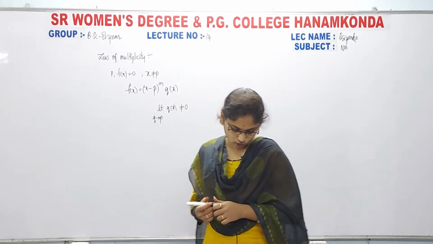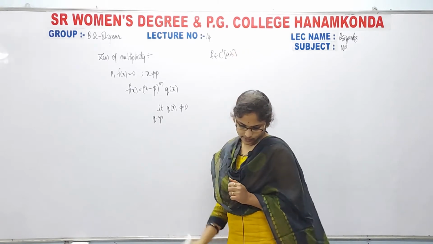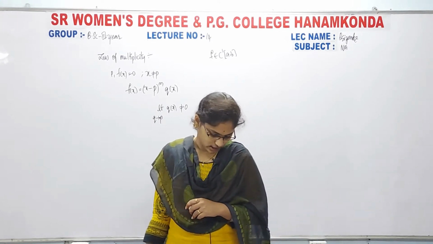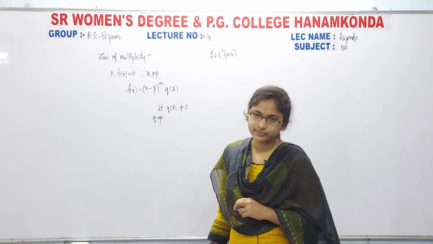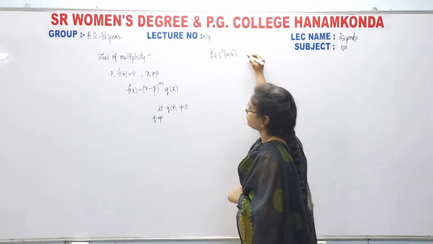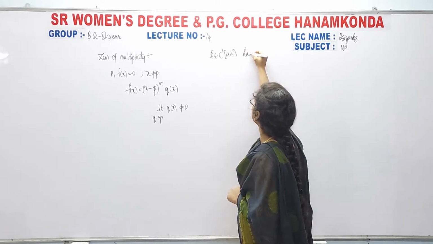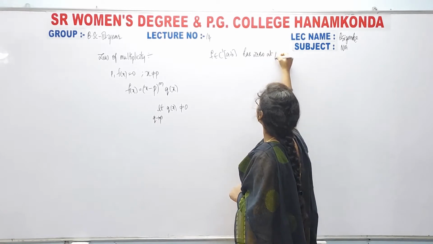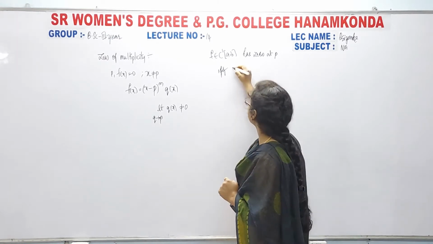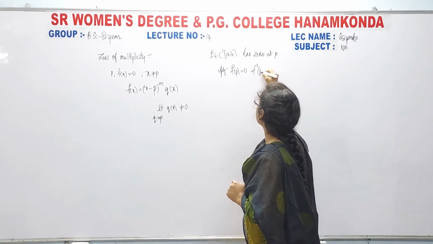The function f belonging to C closed interval a comma b has a simple zero at p in open interval a comma b if and only if f of p equal to 0, but f dash of p is not equal to 0.